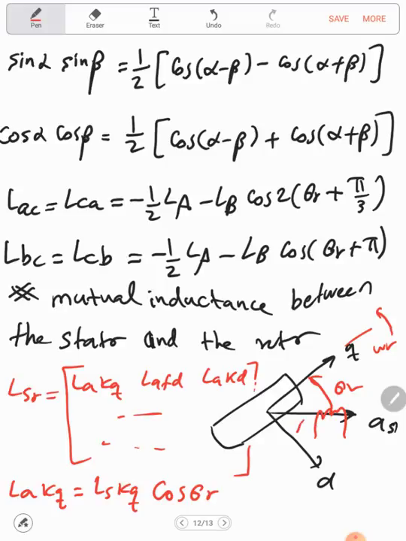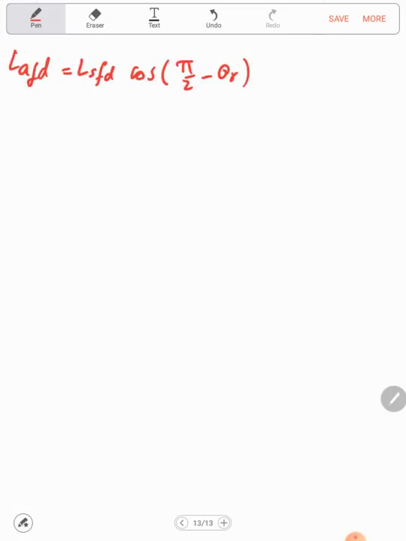The same thing here, we can calculate the LAFD, which will equal LSFD times cosine of the angle in between. The angle in between is pi over 2 minus theta r. This is the angle that we are speaking about. So this will equal LSFD sine theta r.